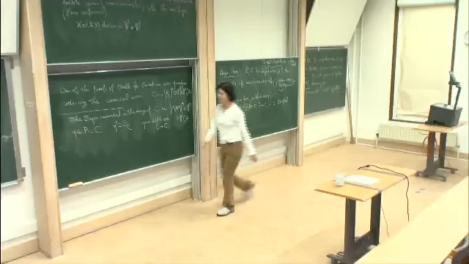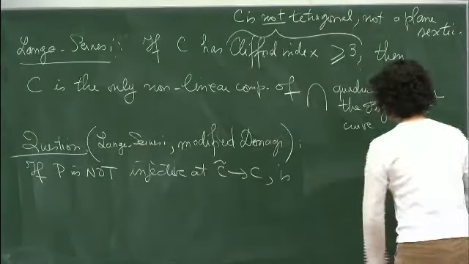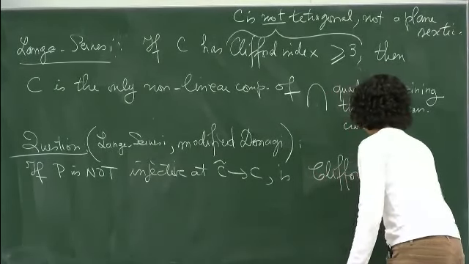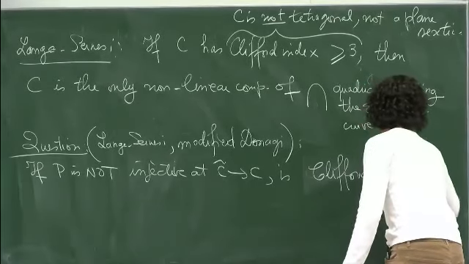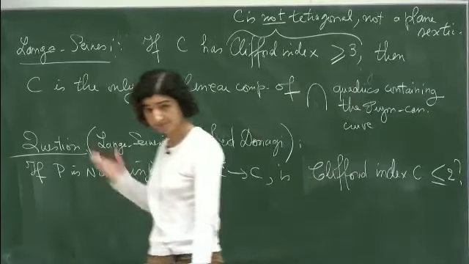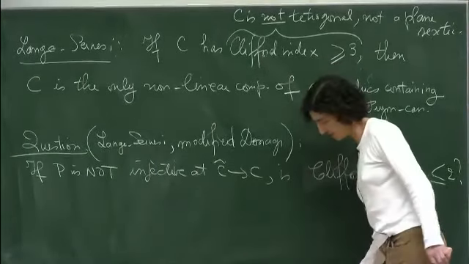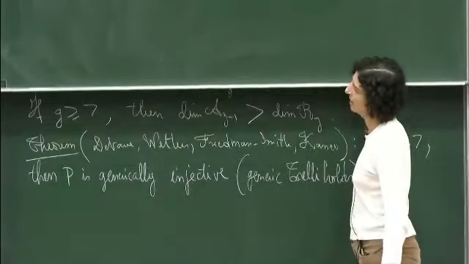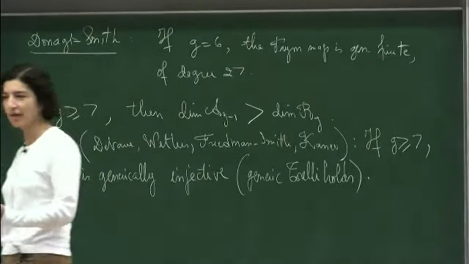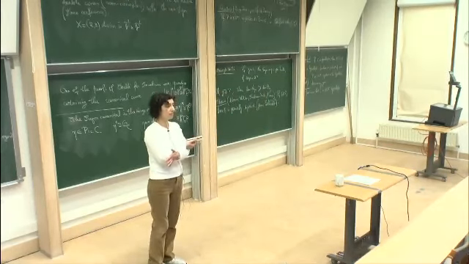Or maybe I should phrase it the way it was done in the paper: is the Clifford index of C less than or equal to 2? So that includes Verra's counterexample. It parallels the case of Jacobians, because for Jacobians, the curve was cut out by quadrics if the Clifford index was at most 1.